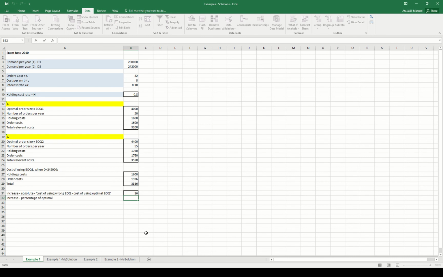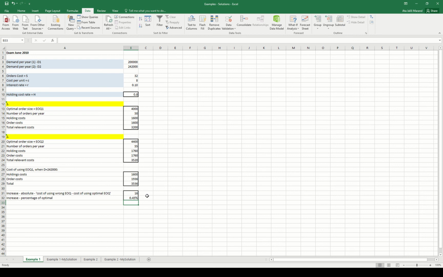And we can also calculate the percentage, which will be simply the difference of these two costs divided by the optimal cost here. So it is about 0.45%. In fact, as you can see, we are making an order which is about 10% smaller than the optimal order size, but the percentage of the increase in the total cost is rather small.